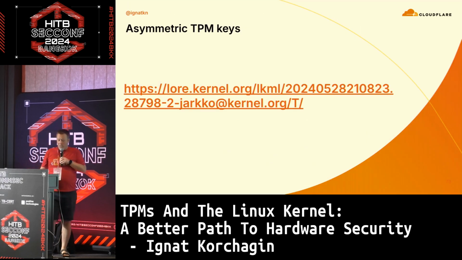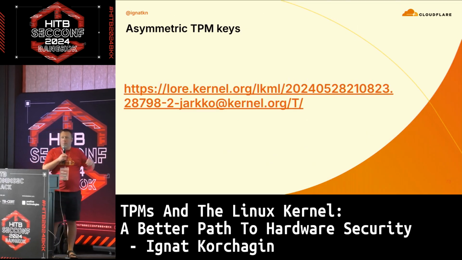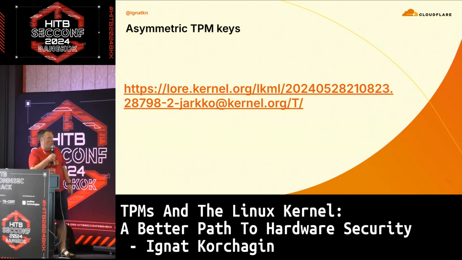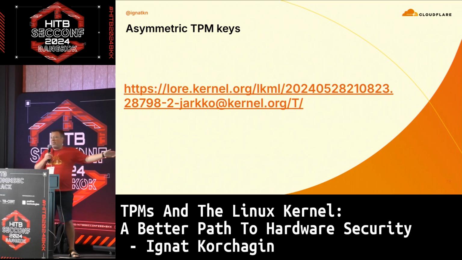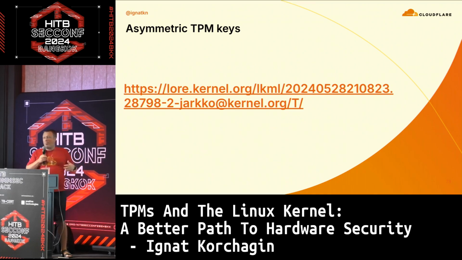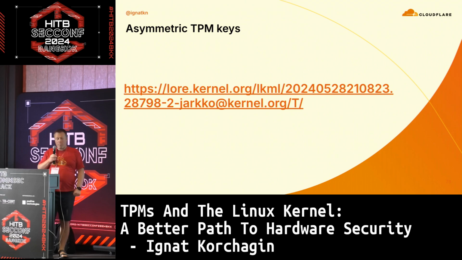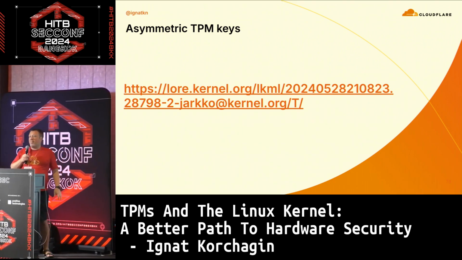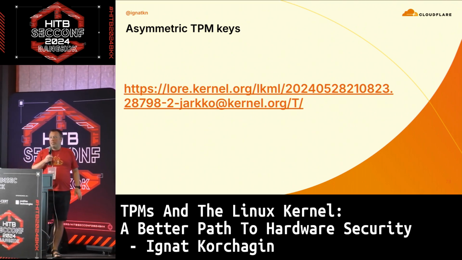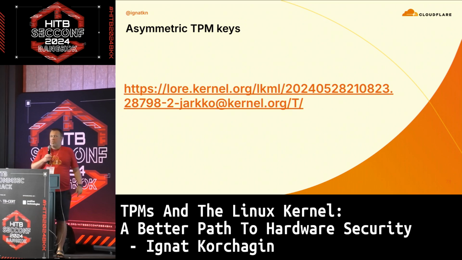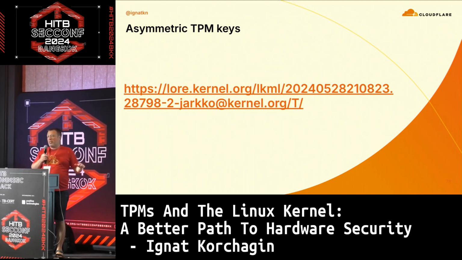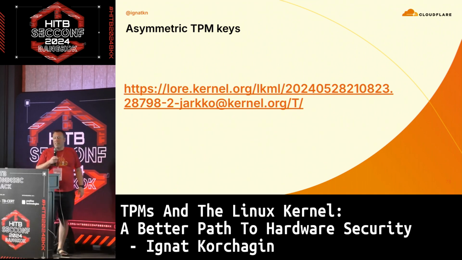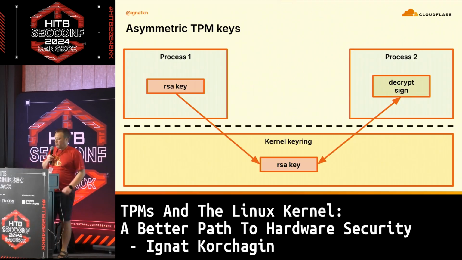Actually, I wanted to add signature support, but I realized that one of the kernel maintainers is already working on it. They have an experimental branch to add TPM-based asymmetric key support into the kernel. Originally, they told me that they hoped this functionality would be available from Linux 6.11, but as of this morning, I did check, Linux 6.11 is in the RC, release candidate stage, and there is no code yet, so it wasn't merged.